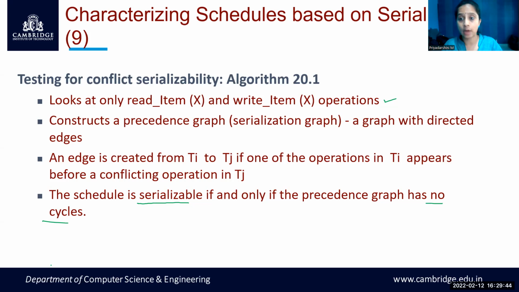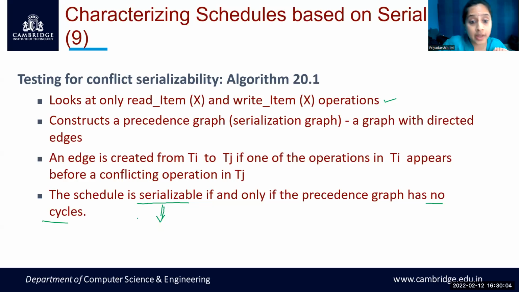Is that clear? Now, if it is serializable, how do you say which serial order it matches? Because we are checking with the graph, if it is serializable, can you tell me to which serial order's output it is matching?